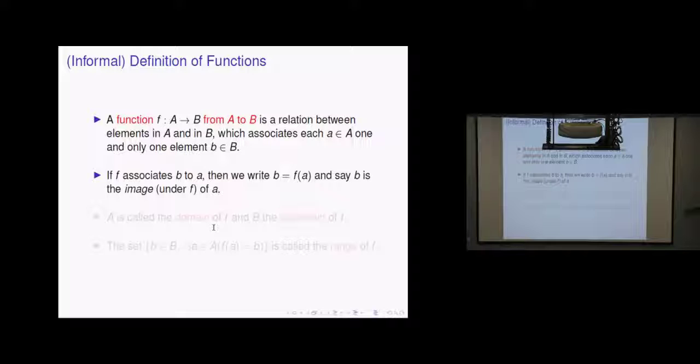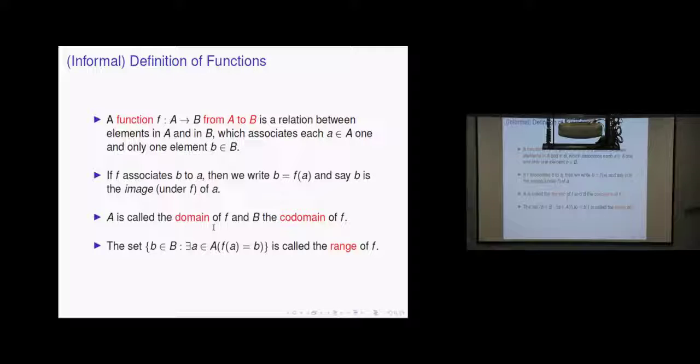So if f associates b to a, then we write b is f of a, and say that b is the image under f of a. A is called the domain of f. B is called the codomain of f.